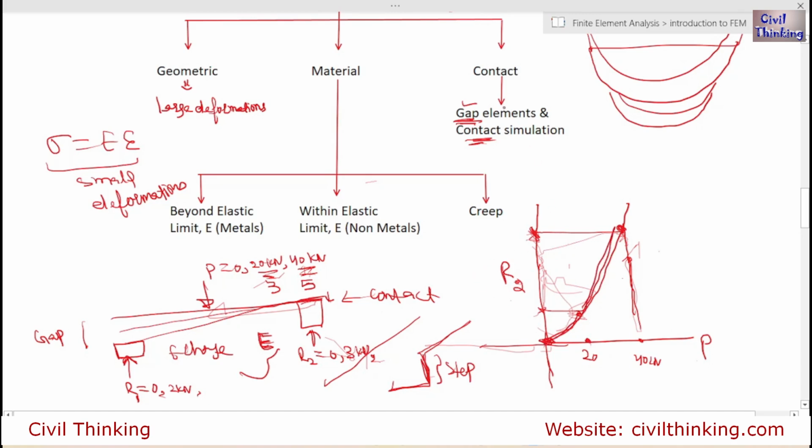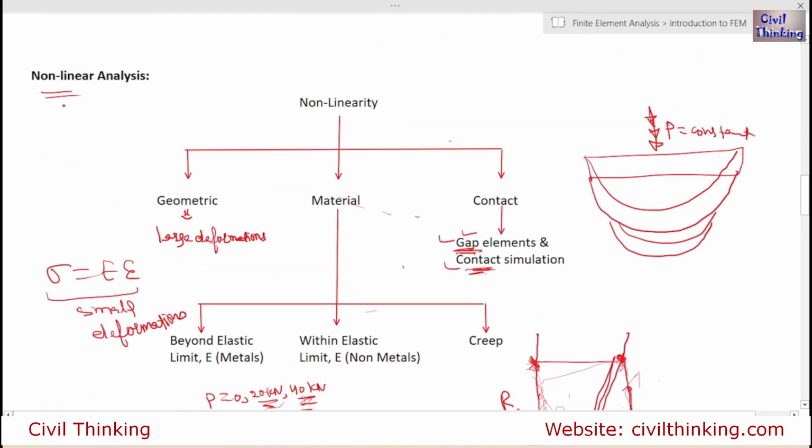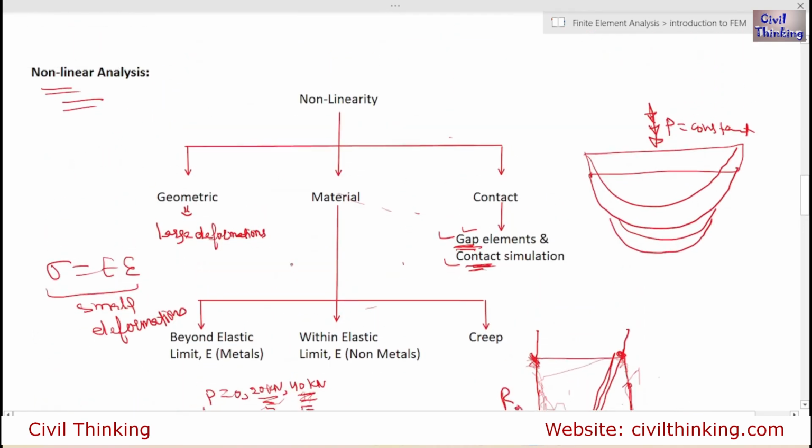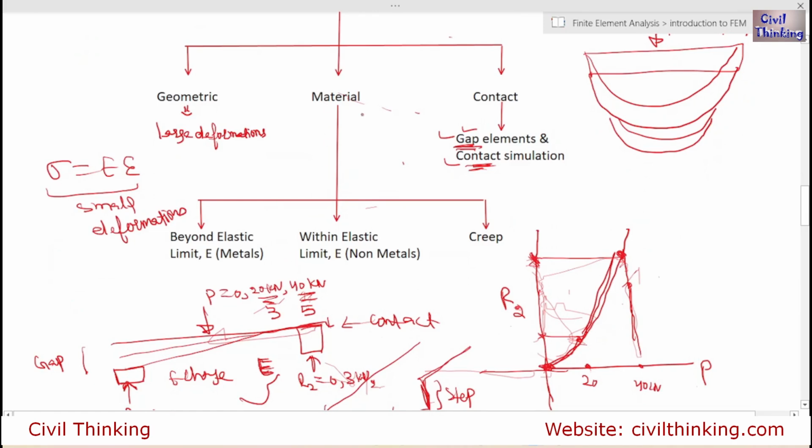So this is the reason I have written here the gap and the contact, they are both under what? They are both under non-linear analysis. So I think we have talked about everything. So in case of non-linear analysis, what do we have basically?